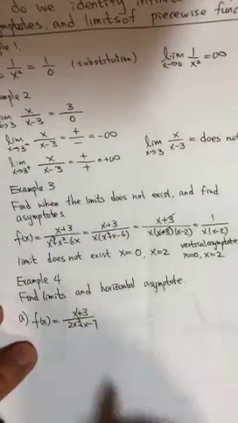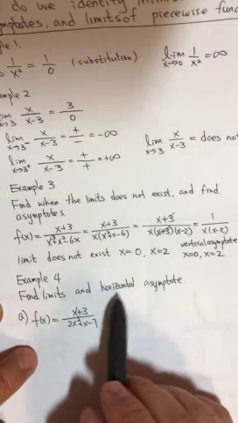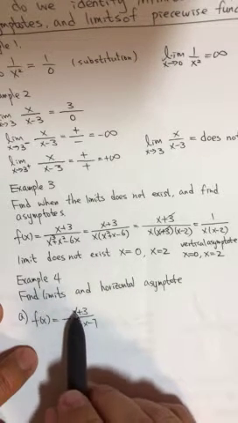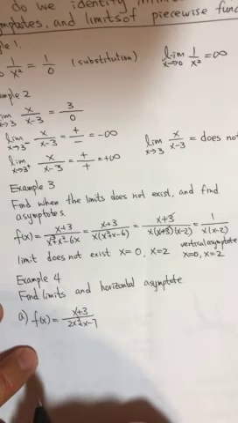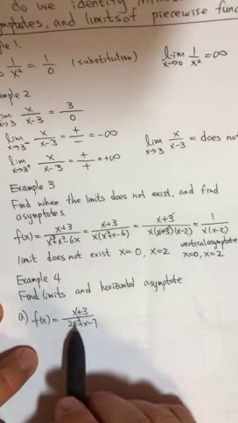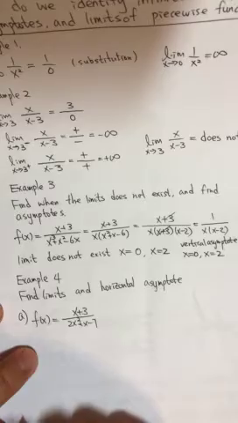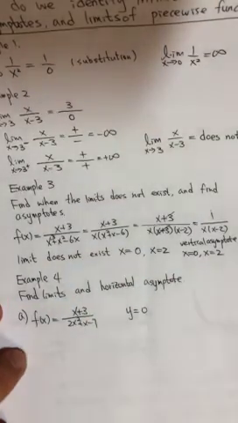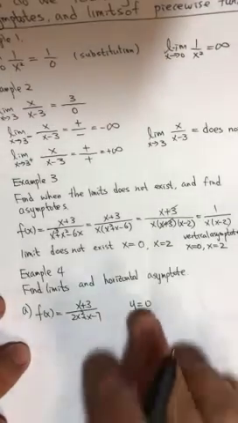How do I find it? Do you remember that when it comes to horizontal asymptote, we look at the degree of your numerator compared to the degree of your denominator. Since the denominator has a higher degree than the top, I know automatically the horizontal asymptote is going to be y equals 0.